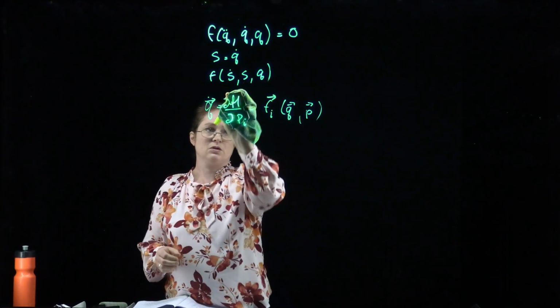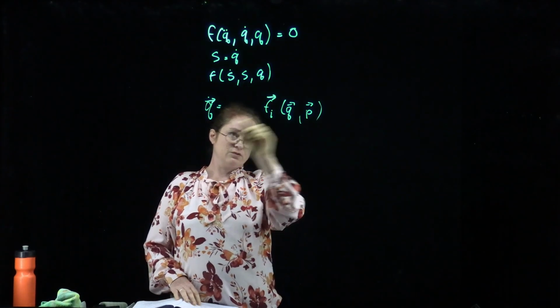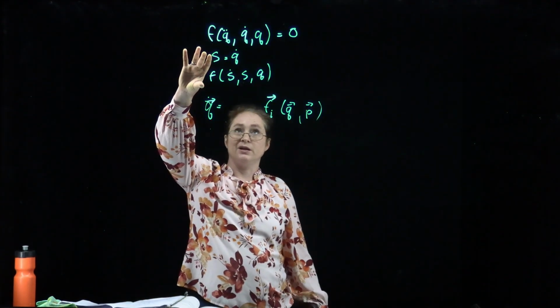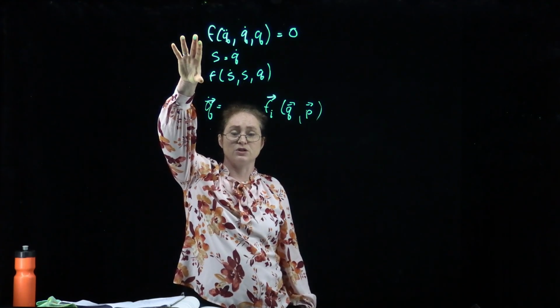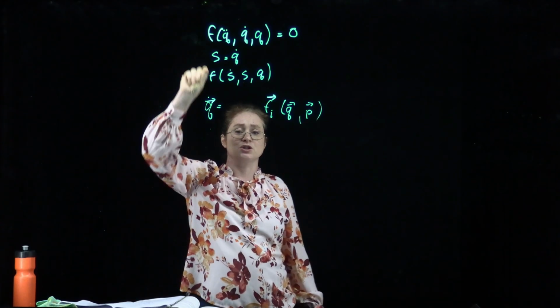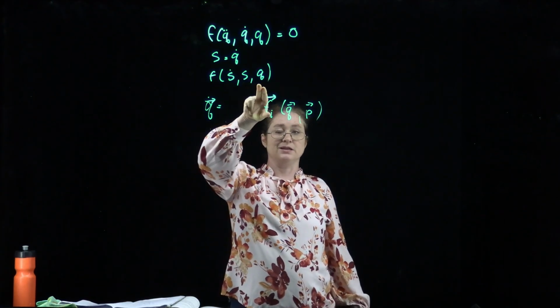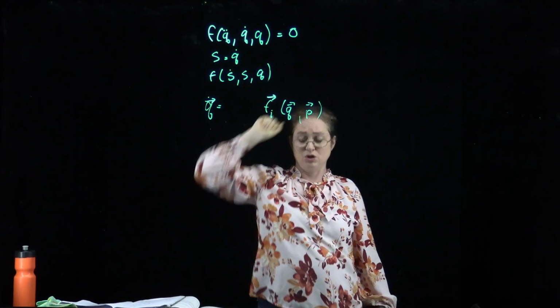Our vector Q is simply a bunch of functions of Q's and P's. And I did want to point out here, you can see that the Lagrangian equations and the Hamiltonian equations are equivalent because here we've just recast our Lagrangian equation as a first order differential equation of s and q instead of a second order differential equation of just q.